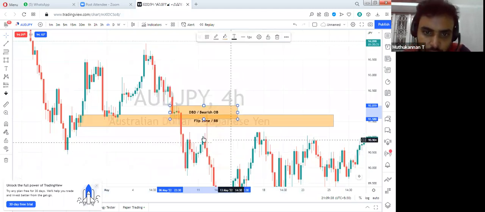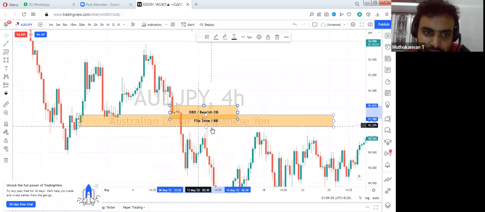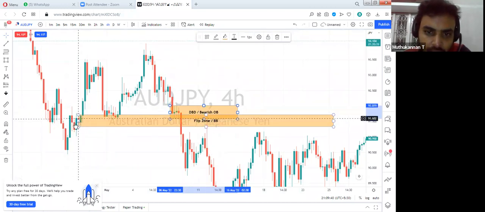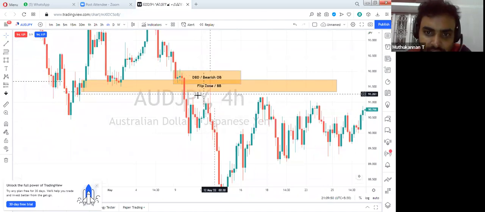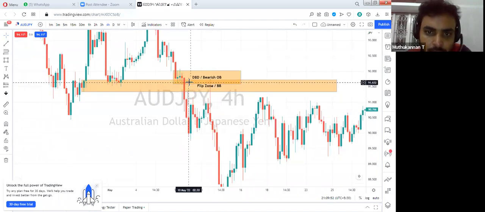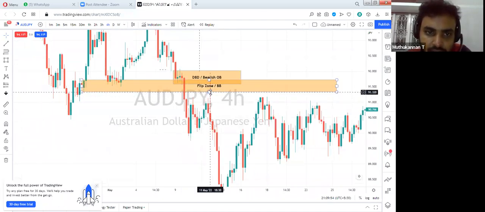So when price reaches here, you could have taken entry based on either of these conditions.